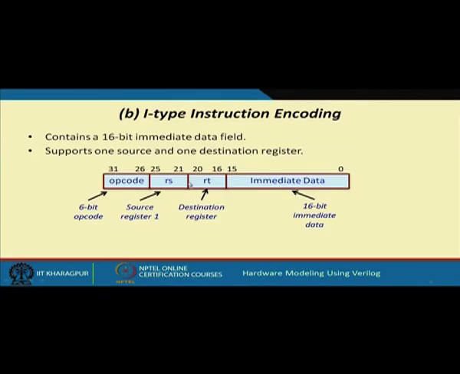So, the first field is for the source, the second field is for the destination, because we need only 2 registers, and the last 16 bits is left for the immediate data, 16 bit immediate data. Sometimes this also represents an offset for instructions like branch, this we shall see.